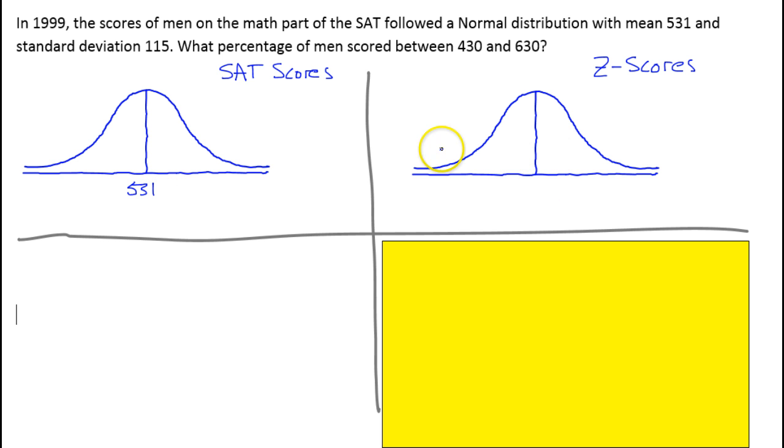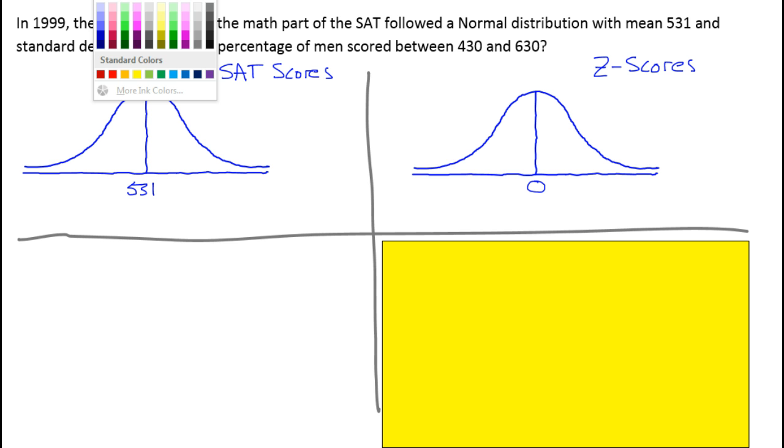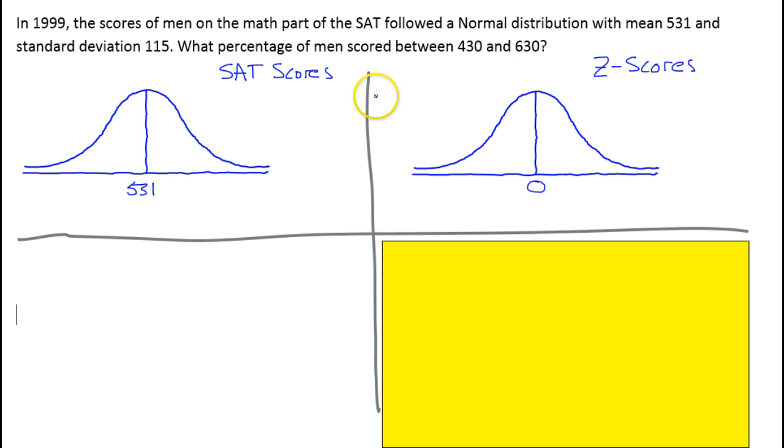Now, on a z-score curve, the mean is always 0. The mean z-score is always 0. Okay, now what? So we're supposed to find the percentage of men who scored between 430 and 630. Those are obviously SAT scores, so I'm going to put them on the SAT graph. 430 is less than 531, so I'm going to put it over here on the left.